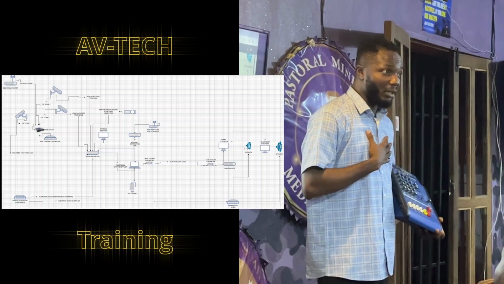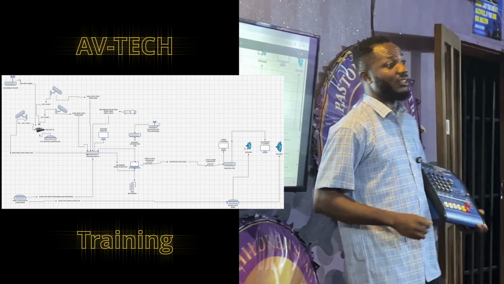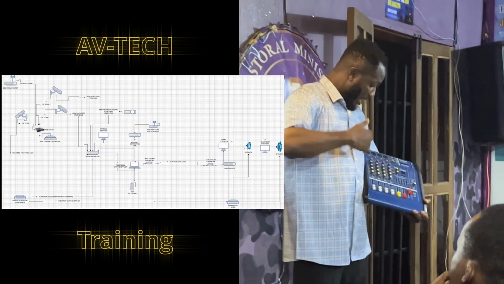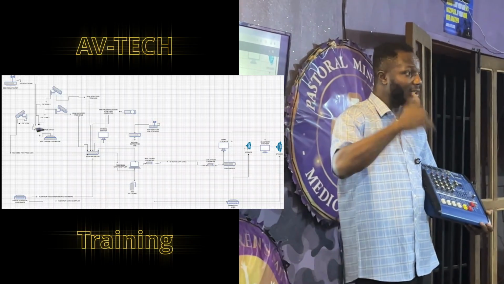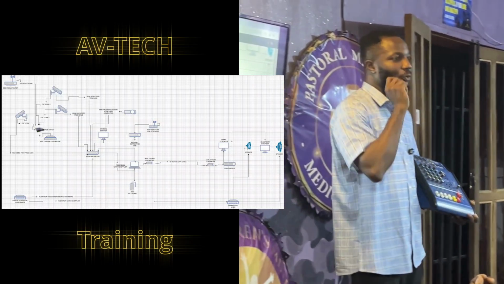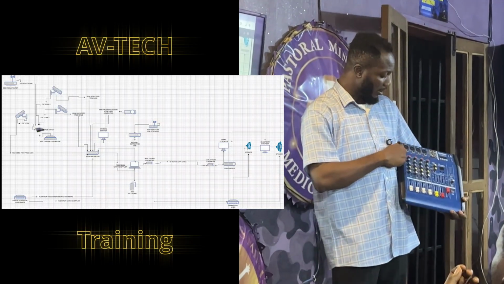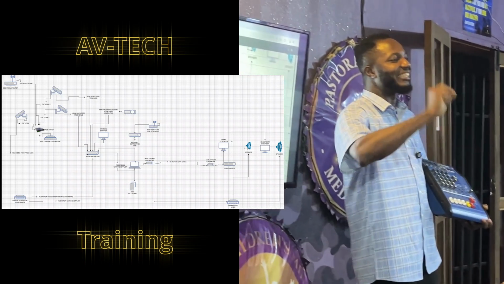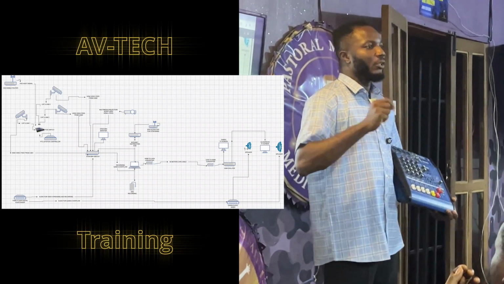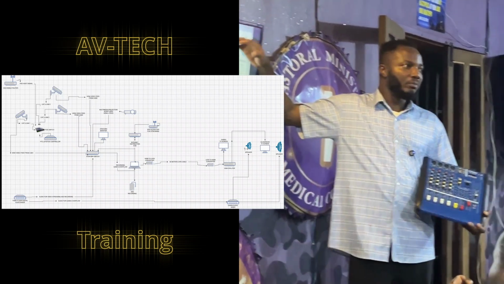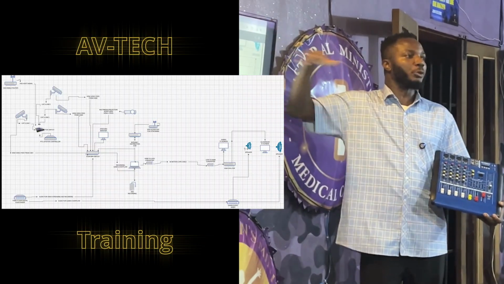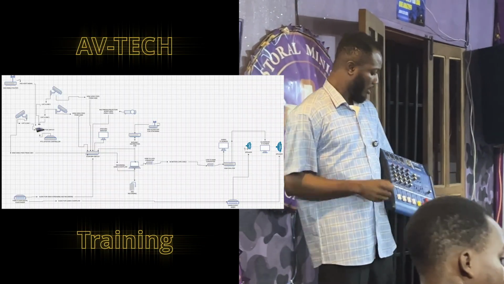Why I'm using all these terminologies is that when you call me on the phone, I'm going to call the name that is on it. There are mixers where you see it boldly written gain. There are mixers where you see it written trim. Trim is the control for you to trim what is coming in.